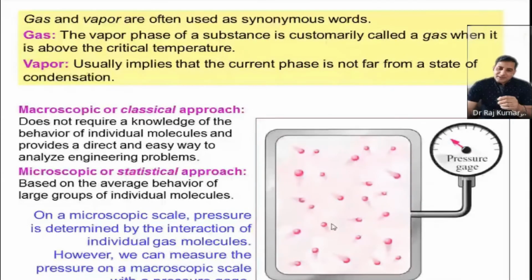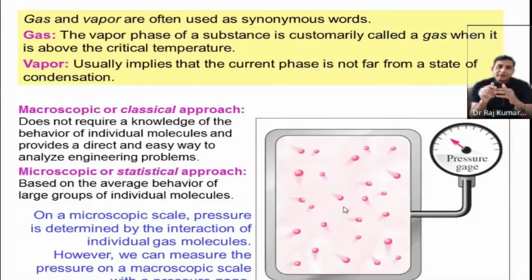Macroscopic means, for this container, one person is just interested, not in what is happening in the individual particles. I'm just wondering what is there inside. So let's say you have a container, and you are just interested in how much is the mass, how much is the total volume, how much is the pressure at the walls.